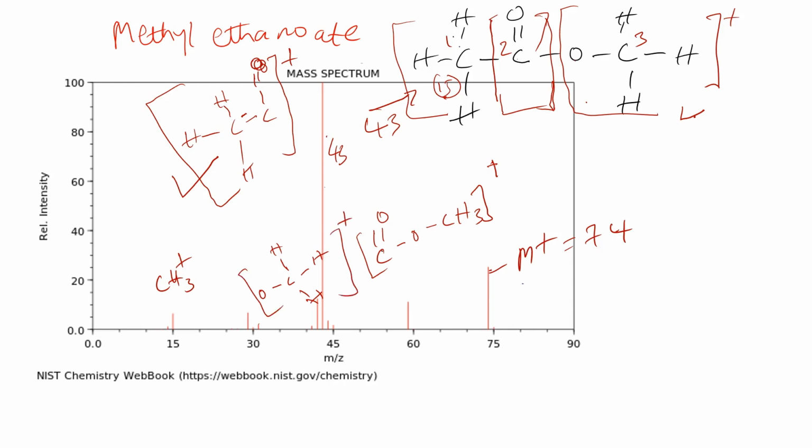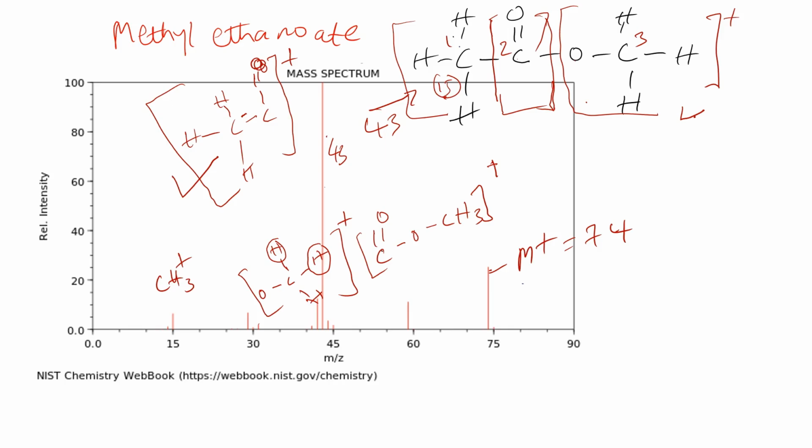One is as a result of loss of hydrogen from this fragment here. Loss of how many hydrogens? Two hydrogens. If two hydrogens are lost from this fragment, we have the peak at 29 rather.